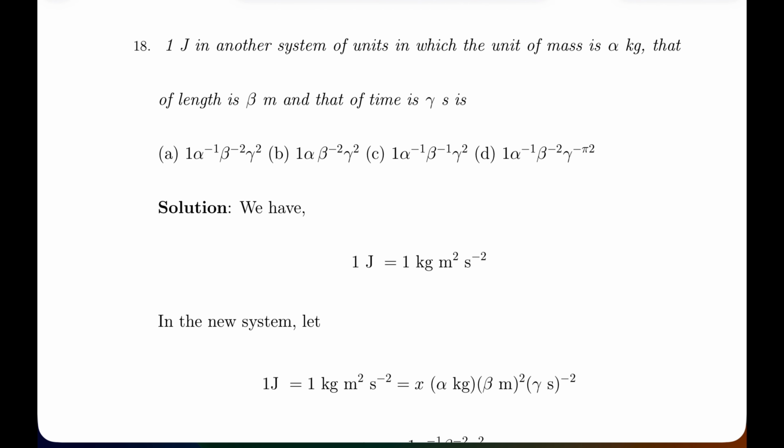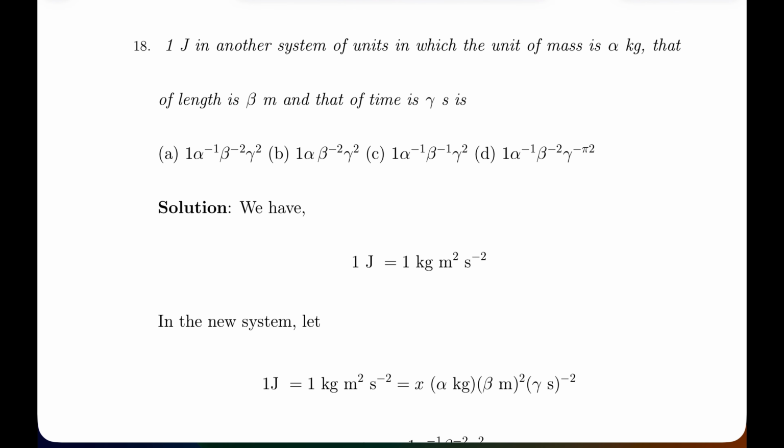Joule is the unit of energy. 1 joule is 1 kilogram meter square per second square. In the new system, let 1 joule, which is 1 kilogram meter square per second square, be x times. For kilogram, we write alpha kilogram. For meter square, we write beta meter square.